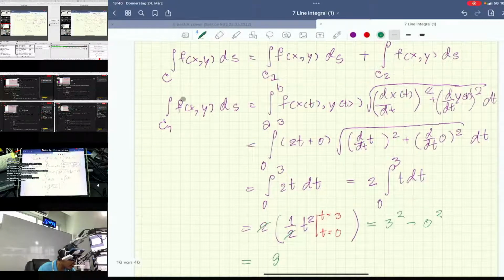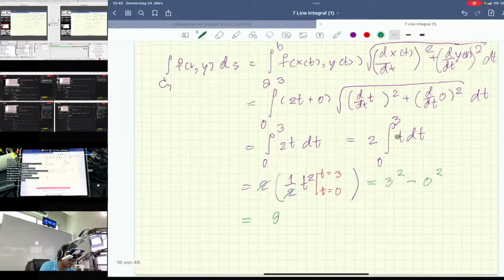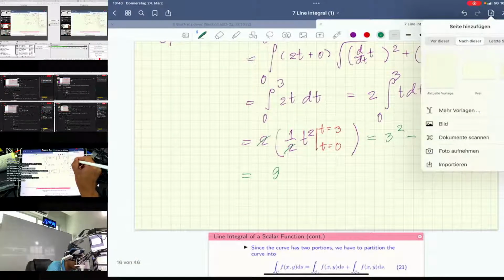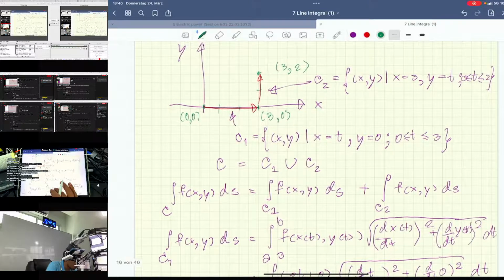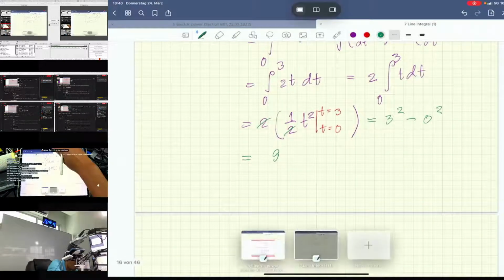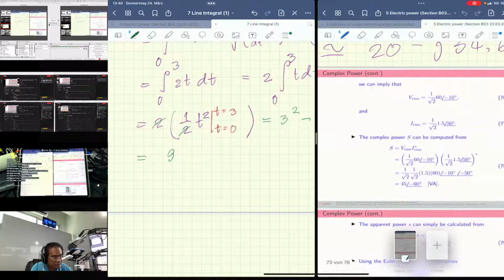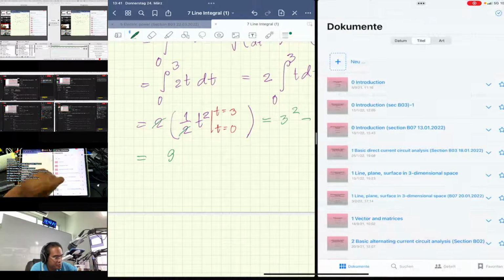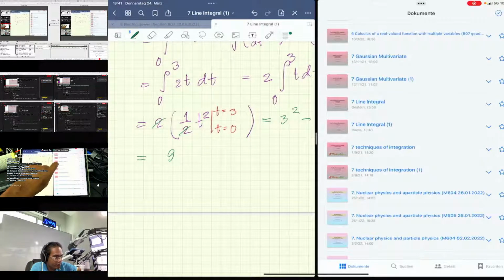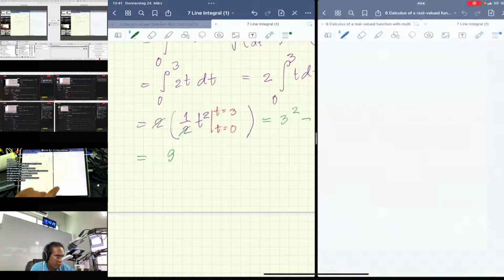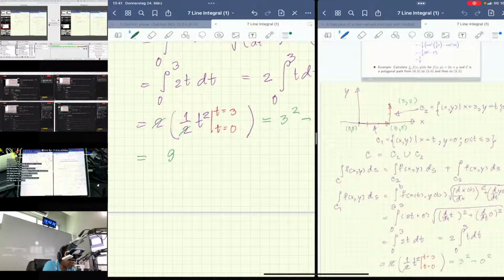Okay, the first contour and first curve. For the second curve, we're going to need to compute it again. All right, let's consider the second contour.